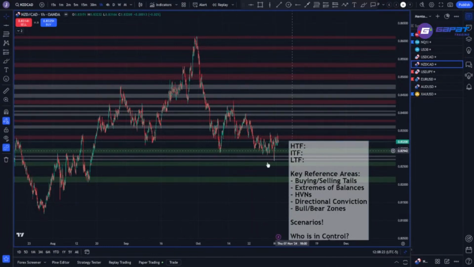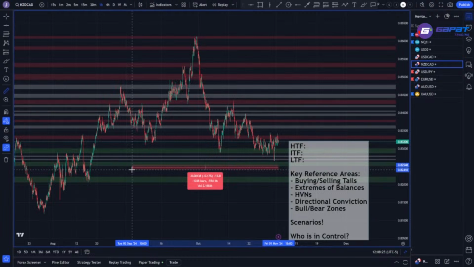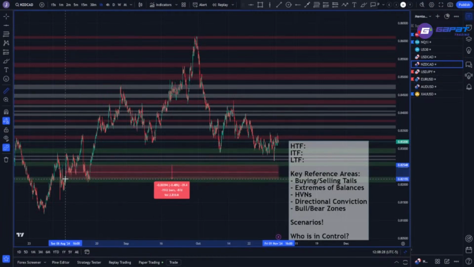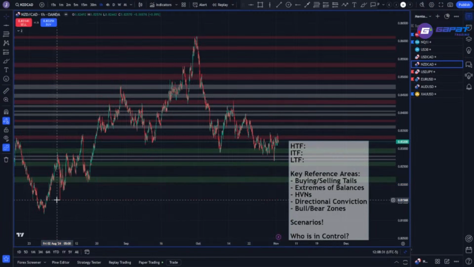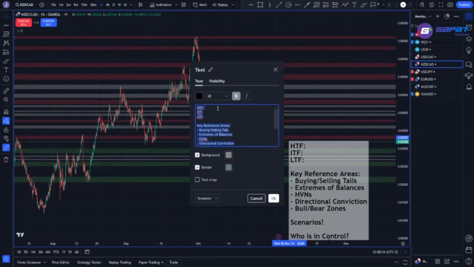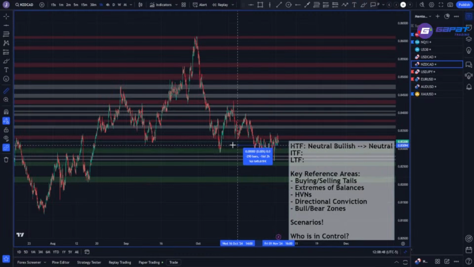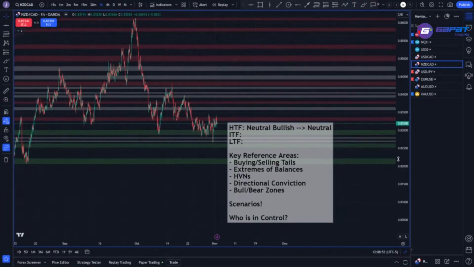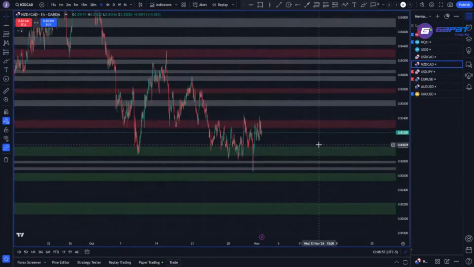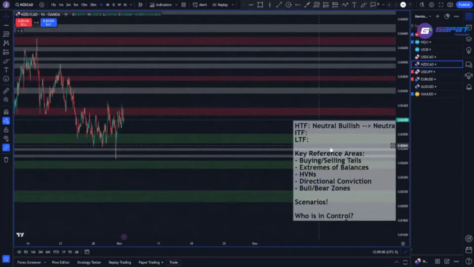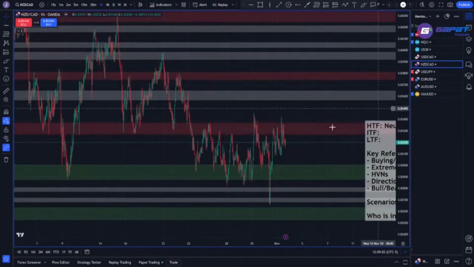So let's do the breakdown: higher time frame, intermediate, and lower time frame. If we go back 90 days, 3 months, it's going to be bullish, but almost neutral. Then the intermediate time frame, the past 2 weeks, 14 days. It's going to be bearish, but I'm trying to determine, is it neutral bearish or just bearish?